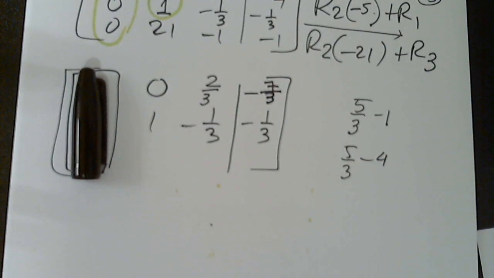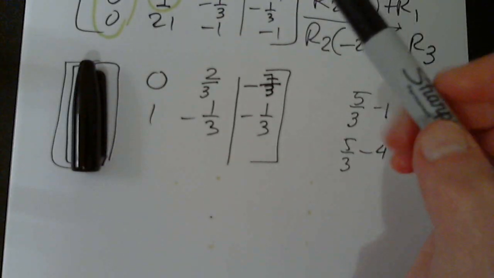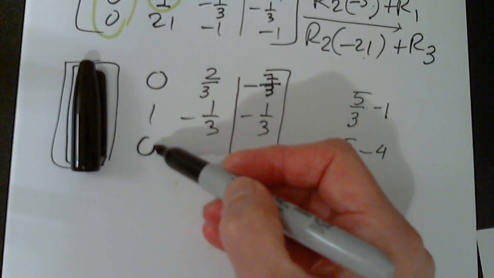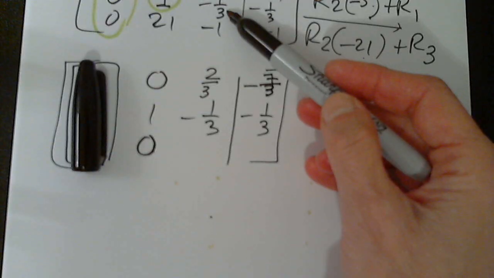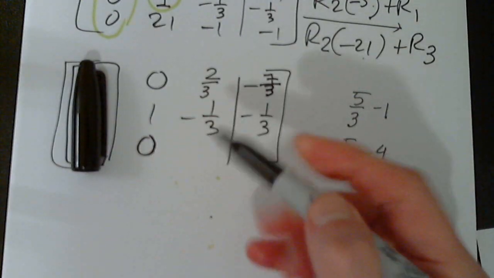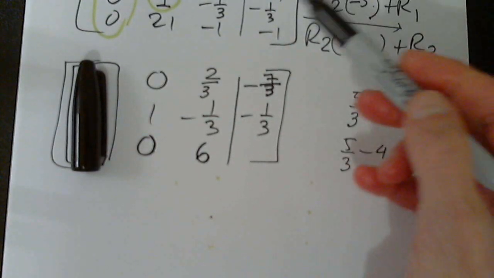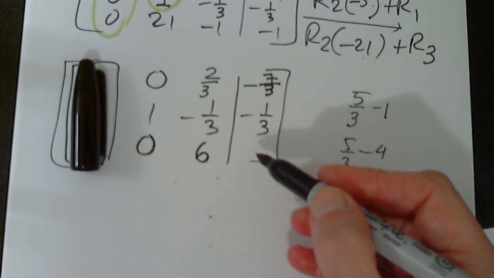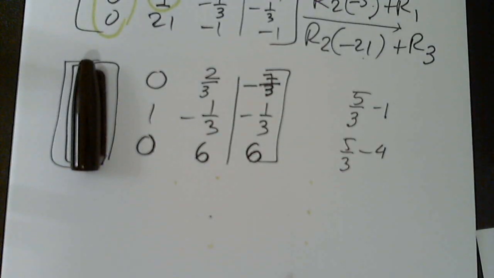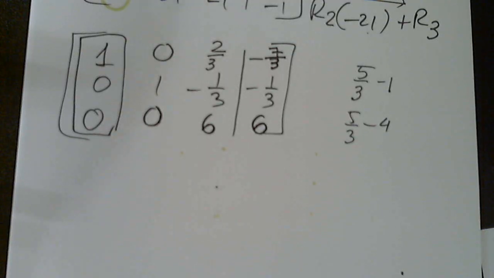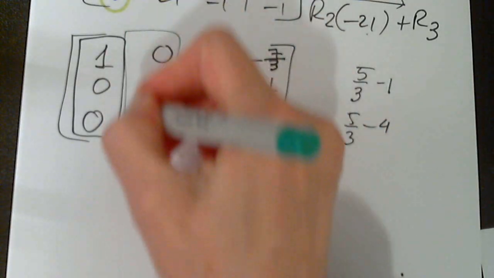Negative 7/3. 1 times negative 21 plus 21, 0. Negative 1/3 times negative 21 is positive 7. Positive 7 minus 1, 6. Again, positive 7 minus 1, 6. I accomplished a lot. 2 columns are done.